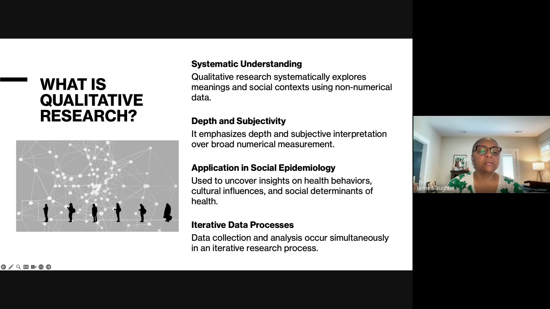And then something to be very mindful about with qualitative research is that it involves an iterative data process. So data collection and analysis often occur simultaneously, not one after the other, like in quantitative research, where we do the data collection and then we do the data analysis.